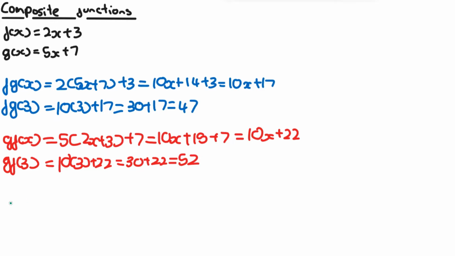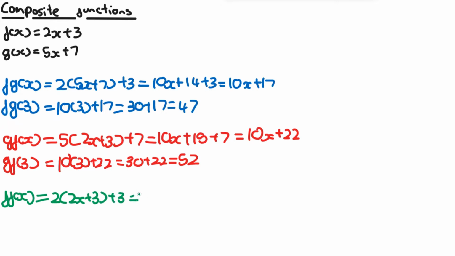If we needed to find ff of x, this is where we replace every x in f of x with another f of x. Another way this could be written is f squared of x, where we combine the two f's into f squared. So ff of x is going to be, so f of x is 2x plus 3, so it's going to be 2, but we replace the x with another 2x plus 3, so it's going to be 2 of 2x plus 3 plus 3.